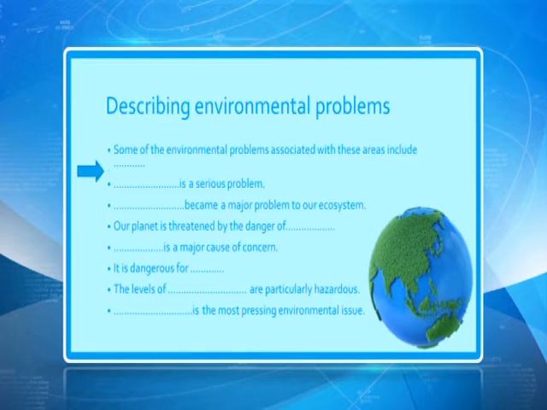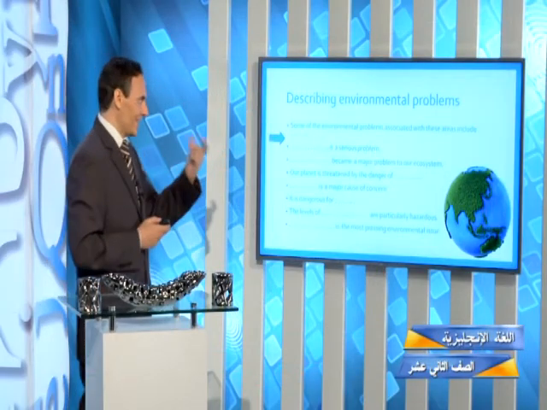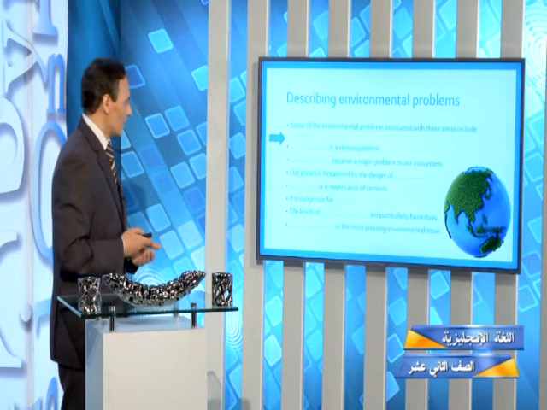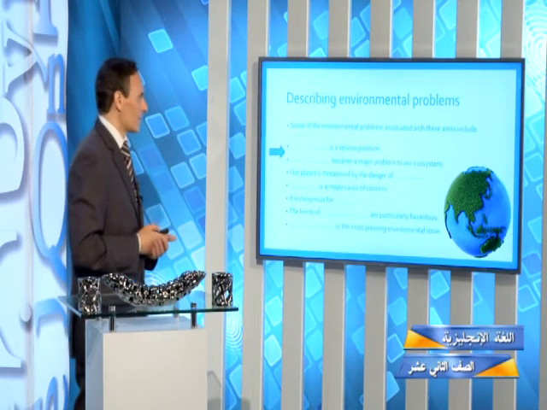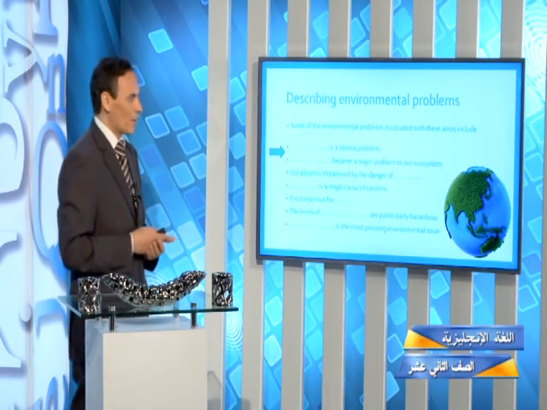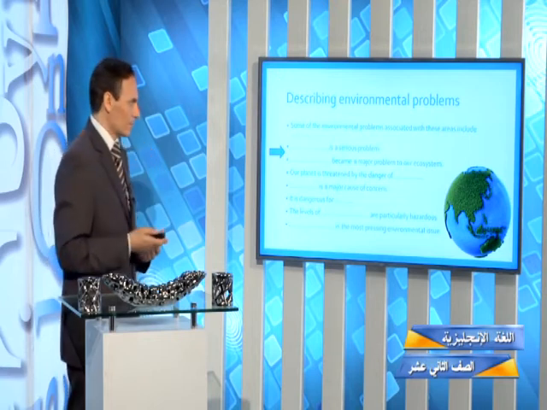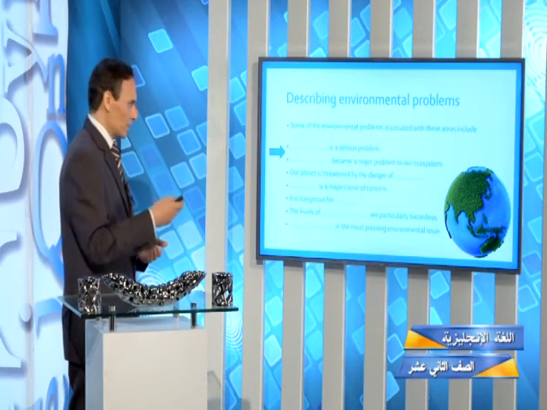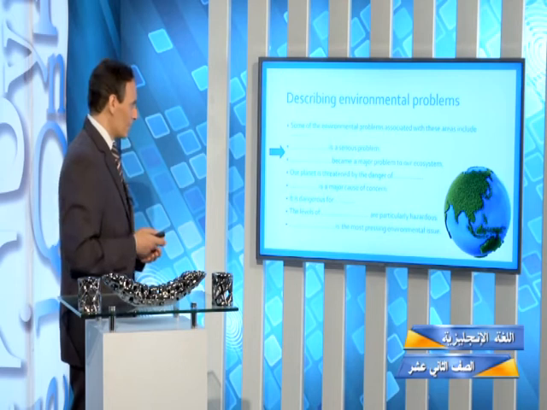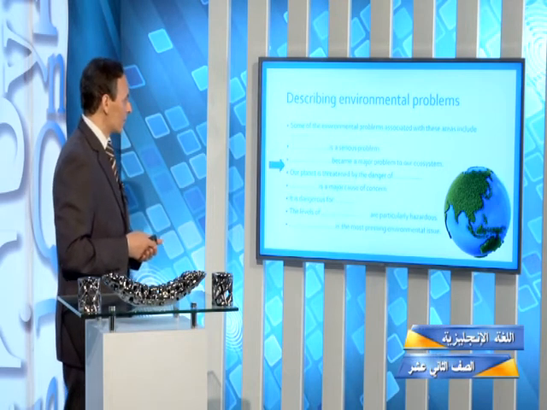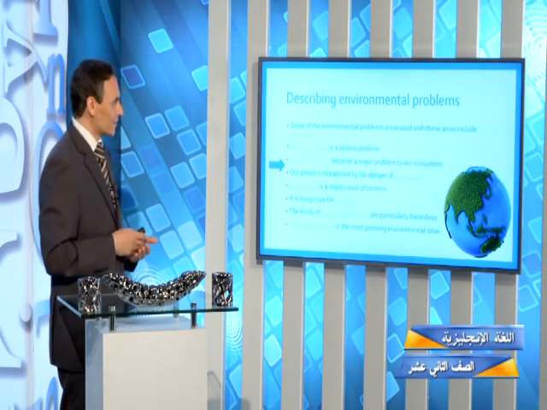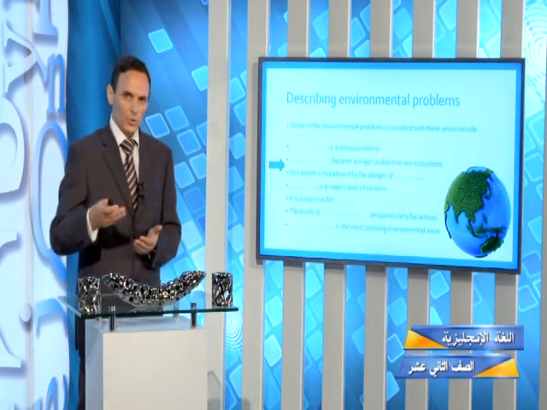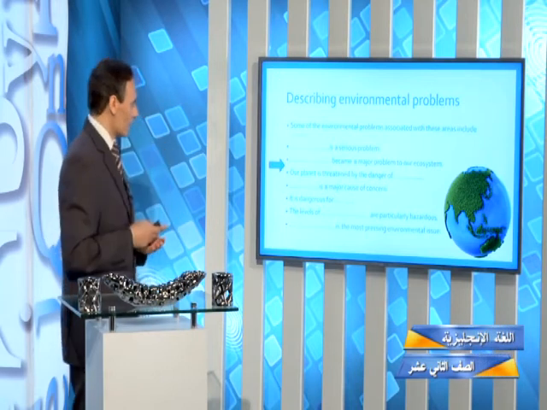Next expression you can use: the problem itself, pollution for example, is a serious problem. So you use the expression is a serious problem. You can also use it became a major problem to our ecosystem, to our environment. Ecosystem is another word for environment. Also you can say our planet is threatened by the danger of pollution, of global warming.